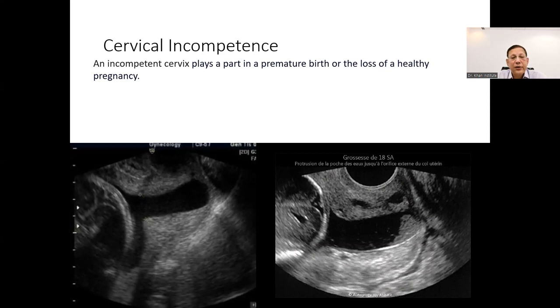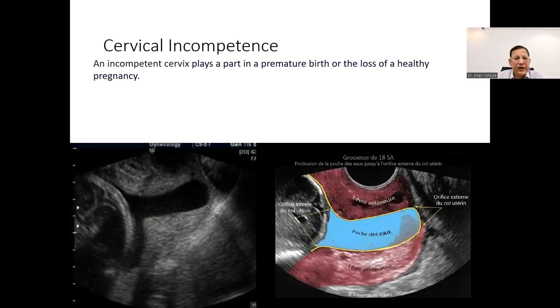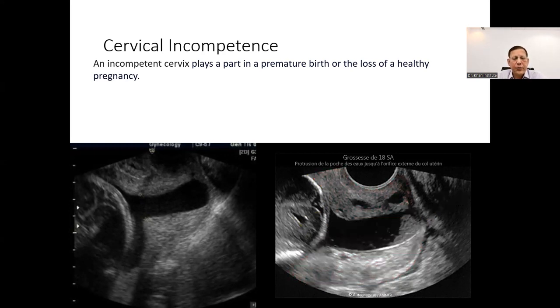At 12 weeks, when the internal os and cervical canal are not yet open, we diagnose cervical incompetence because of a short cervical length. Then the gynecologist or healthcare professional will stitch this cervical canal.